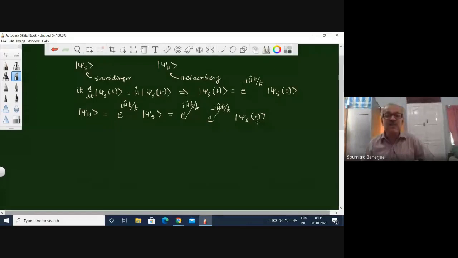So only this remains. And also you can see that if you define it this way, at t equal to 0, the two pictures give the same result.